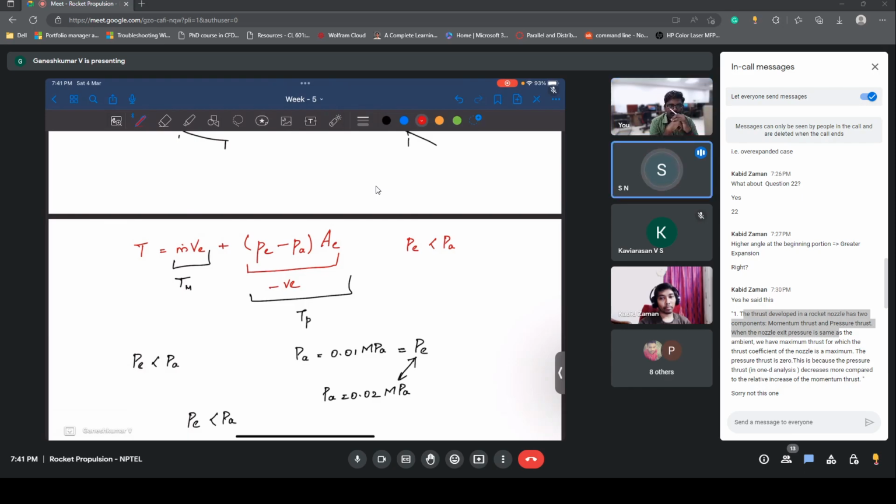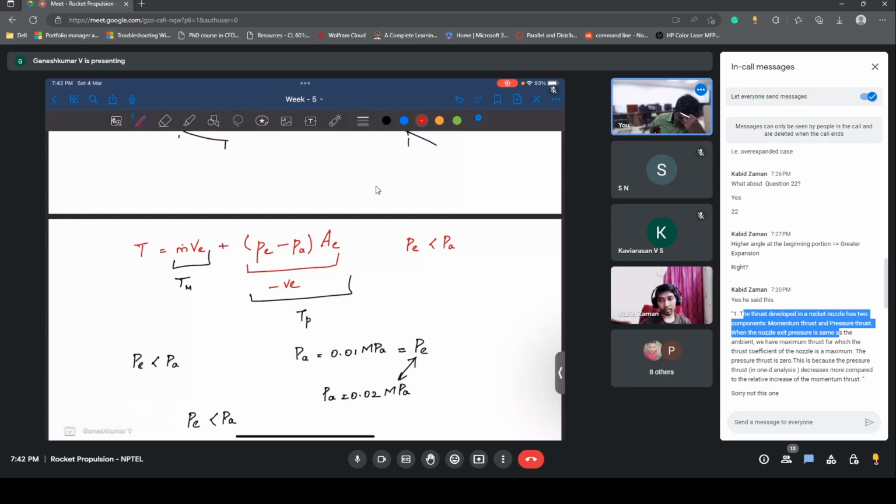So basically, PA is greater than PE in this case. So that's why it's overexpanded.